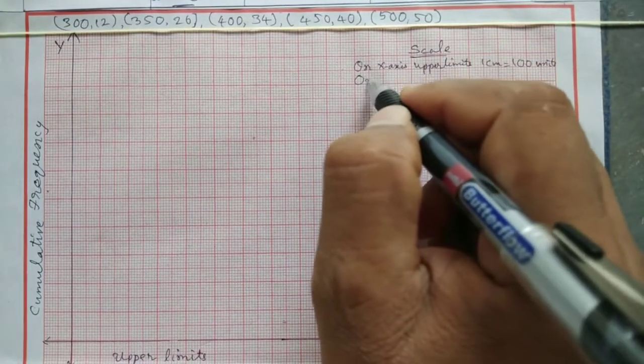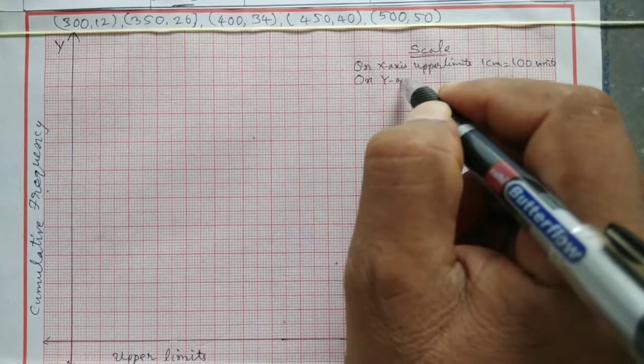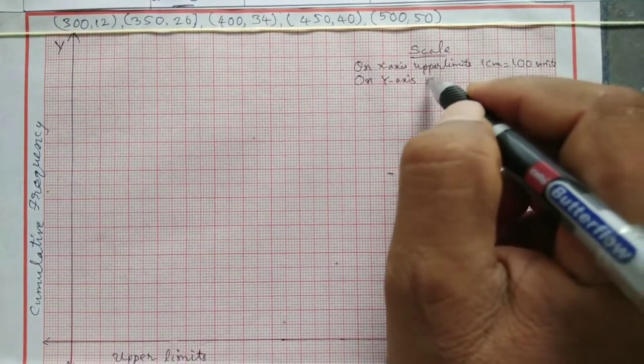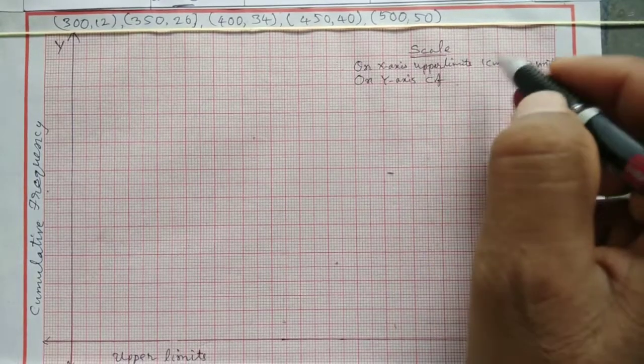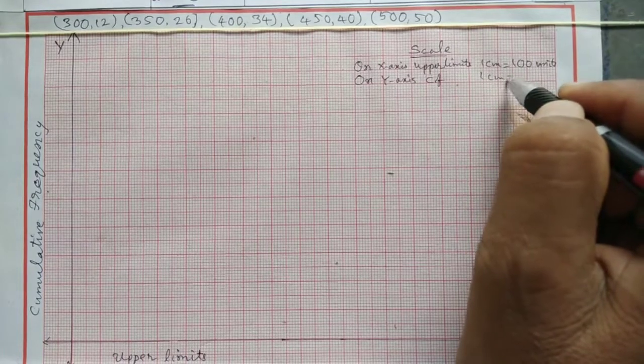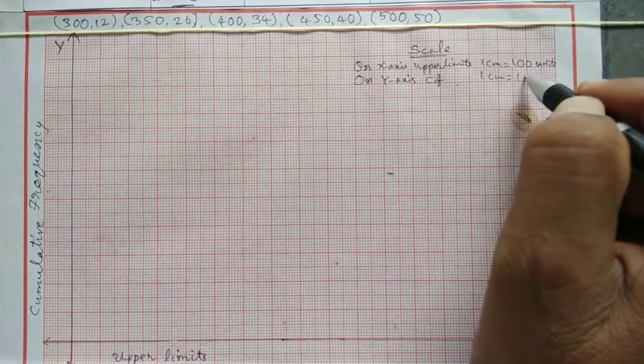On the y-axis, cumulative frequency, 1 centimeter is 10 units.